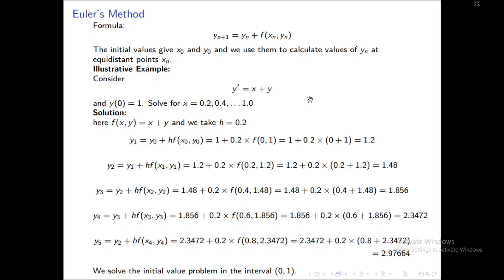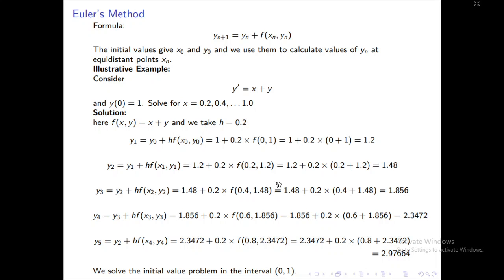y3, using the values of y2 and x2, y2 is 1.48 and x2 is 0.4.